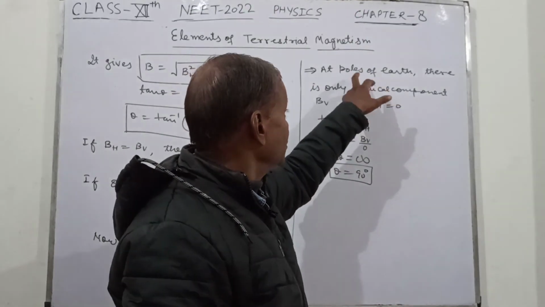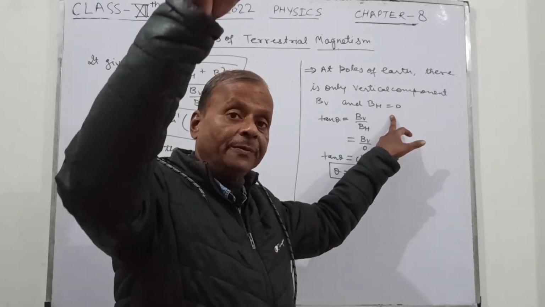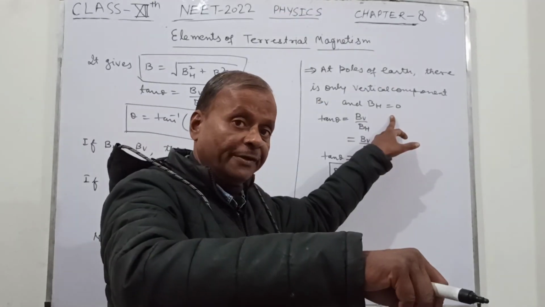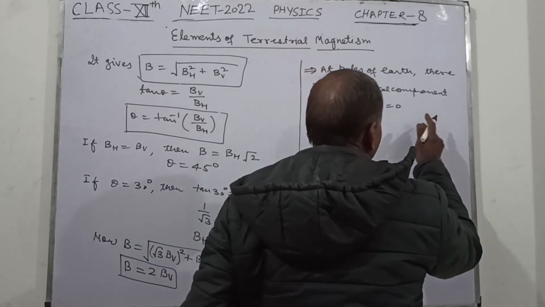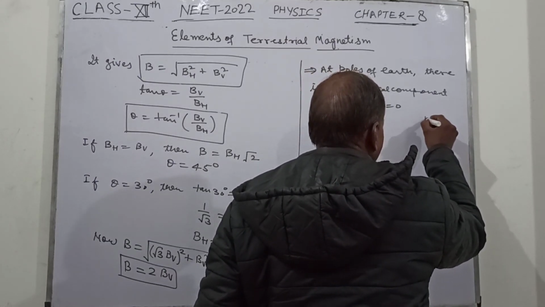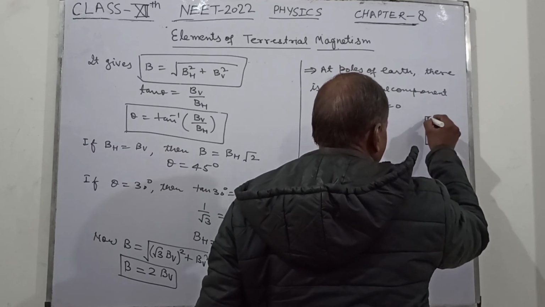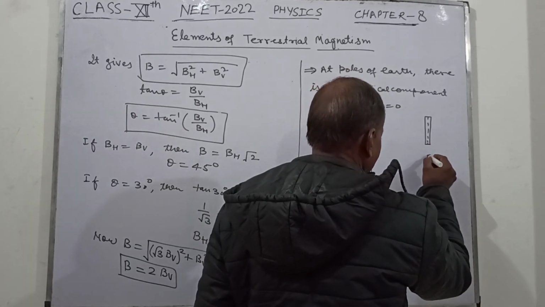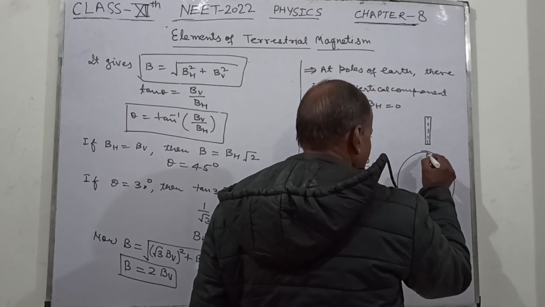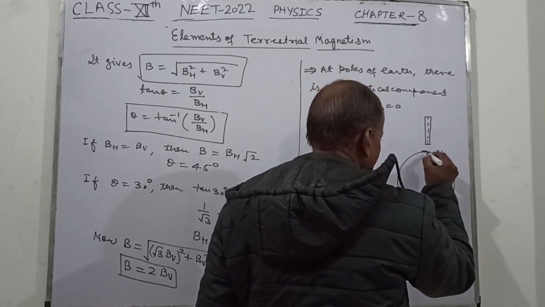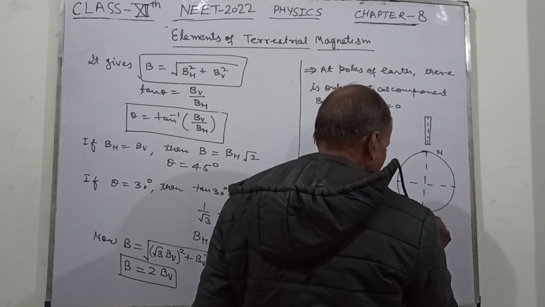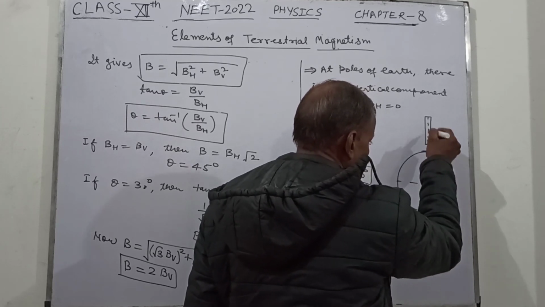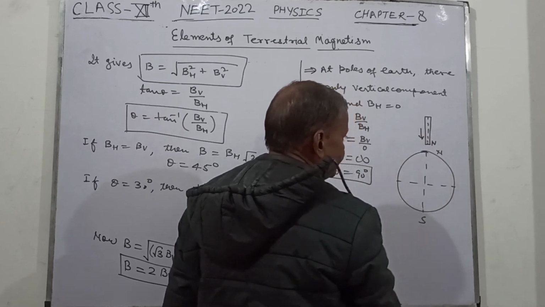Suppose this is the Earth, this is north and this is south. Then here at the north pole, the magnet will be just vertically downward in this way.